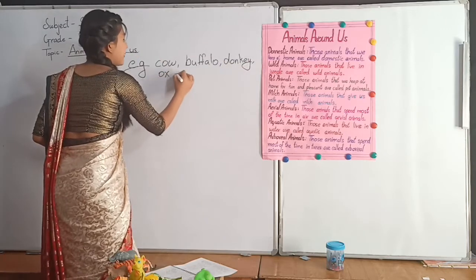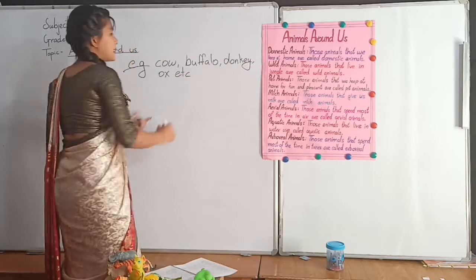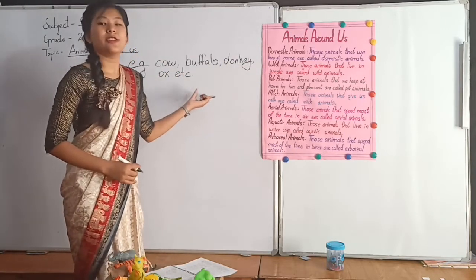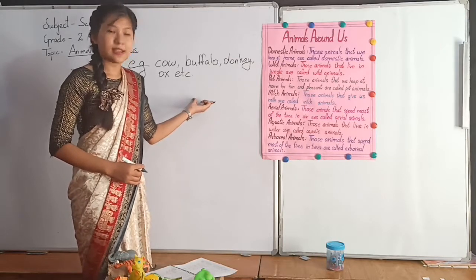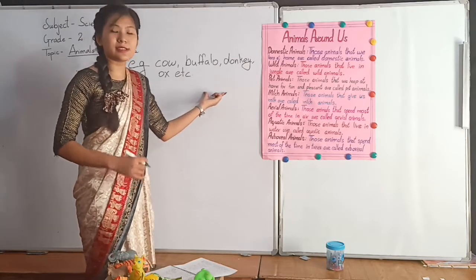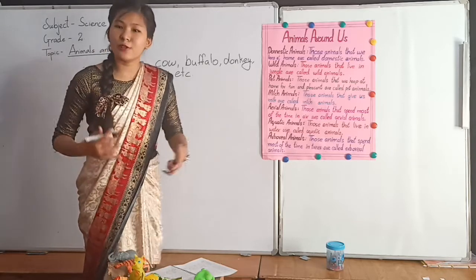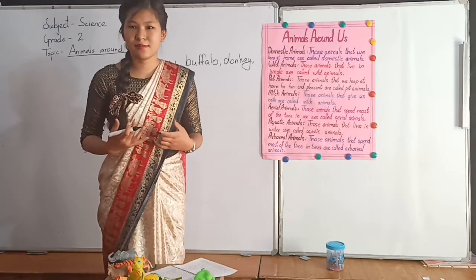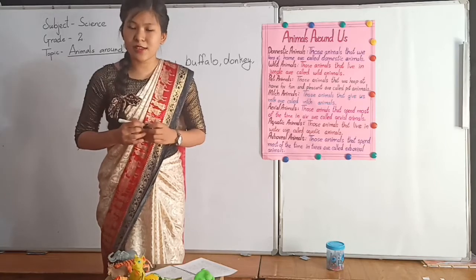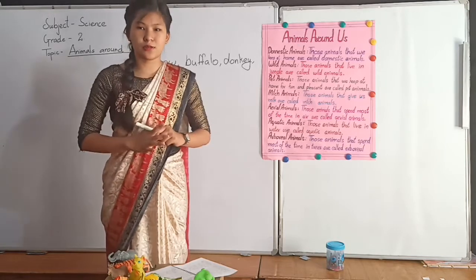Ox, etc. So these are the examples of domestic animals. And these domestic animals live in farms, and these domestic animals are very useful for us. Understood, dear students? Hope you understood.